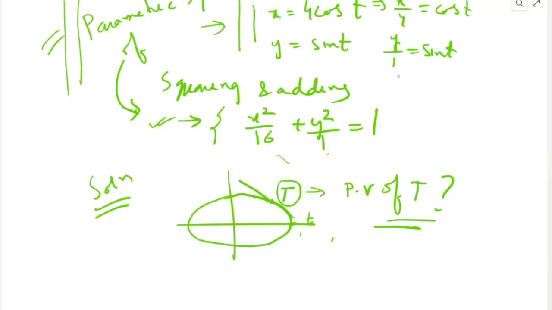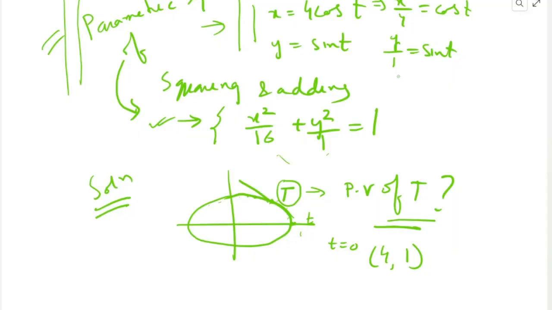If you take t equals 0, then what do you get? Sorry, my mistake, 4 comma 0. Because if you put t equals 0 here, then you get 4 into 1, and y equals 0. So this corresponds to this point. Again, for t equals pi by 6, you will get another point. For t equals pi by 3, you will get another point.